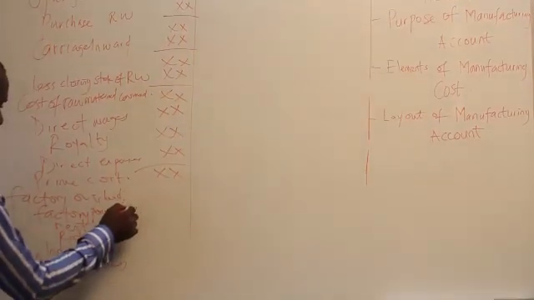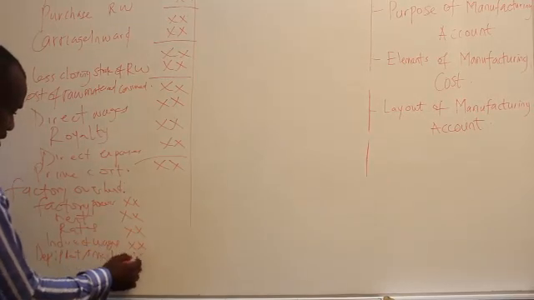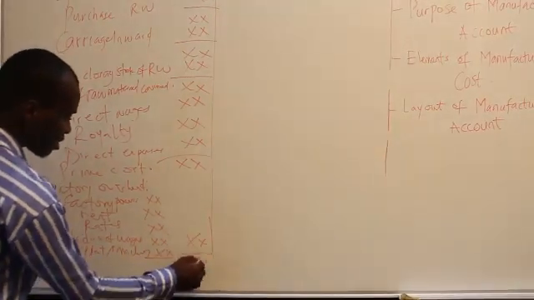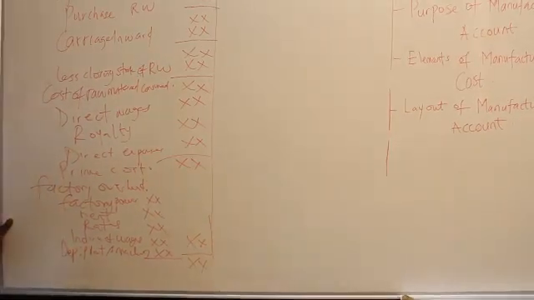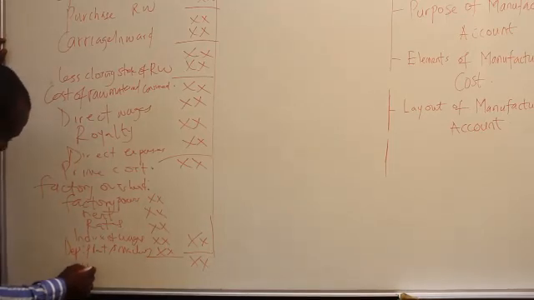So we have to maintain the space. The addition of everything gives us this. Then we can make adjustments for work in progress, so add the opening stock of work in progress.